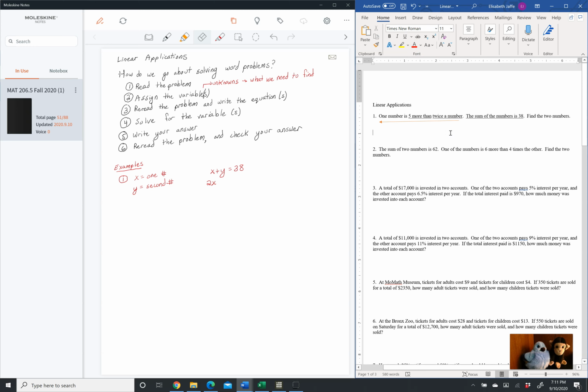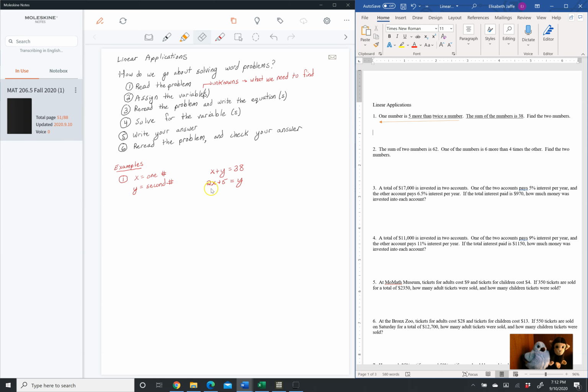More than is plus. So 2x plus 5. Notice we worked backwards. We did the twice first, and then we did the 5 more than. The word is is an equal sign. Is equals. So we have one number is 5 more than twice the number.